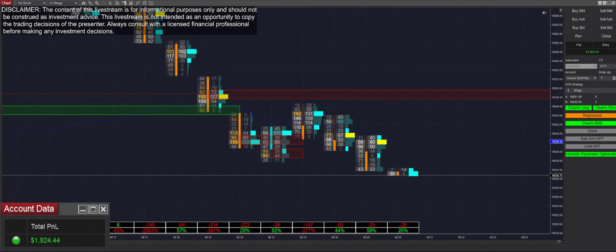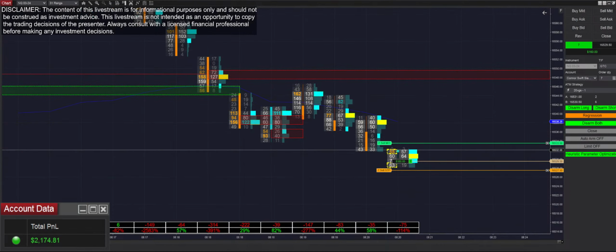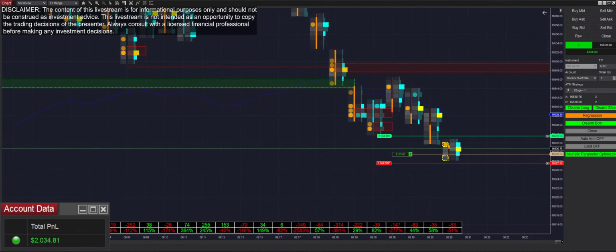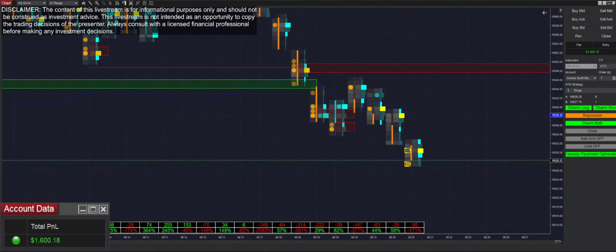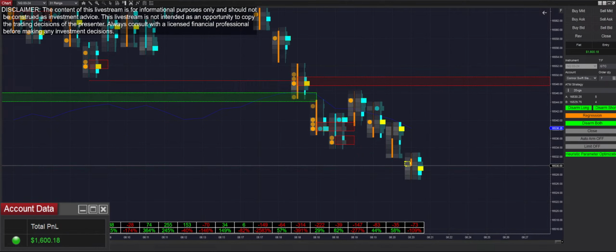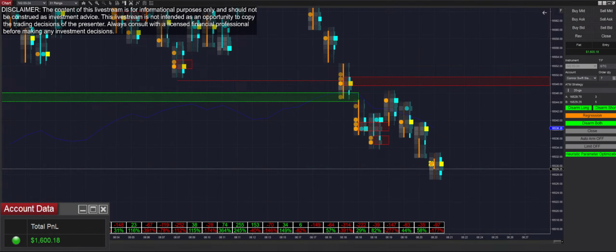Carter, to answer your question, if you're having trouble getting the numbers to show up on your footprint chart, that likely is because you have zoomed out. You can see here that when I zoom out, the numbers disappear and they turn into imbalances. This is just so you can get a general overview of what the market's doing, even in a zoomed out fashion, so you can look at the bigger price movements without having to look at the small data.